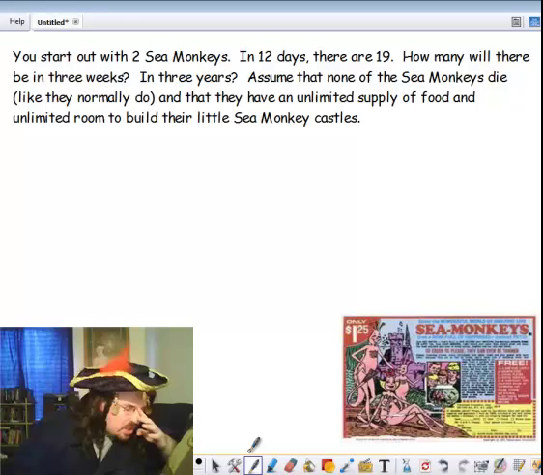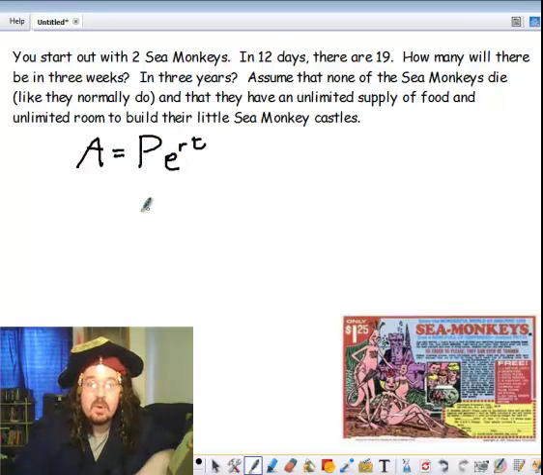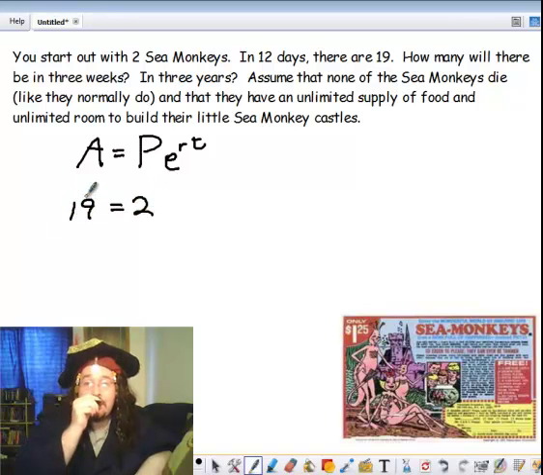Okay, I'm going to use the laws of uninhibited growth. So A equals A-naught e to the rt, those are the letters that I use, even though I realize most people don't. So I started out with 2, and I had 19 sometime after that. And I know that the amount of time it took to get to 19 was 12.